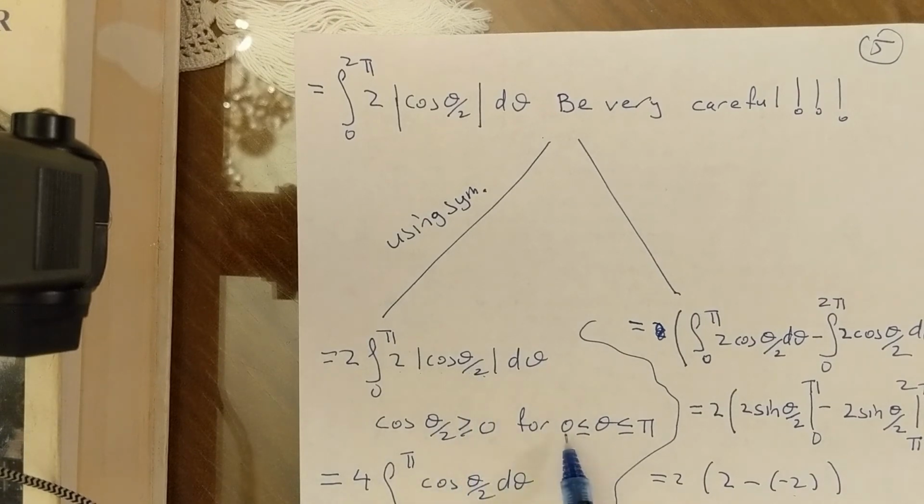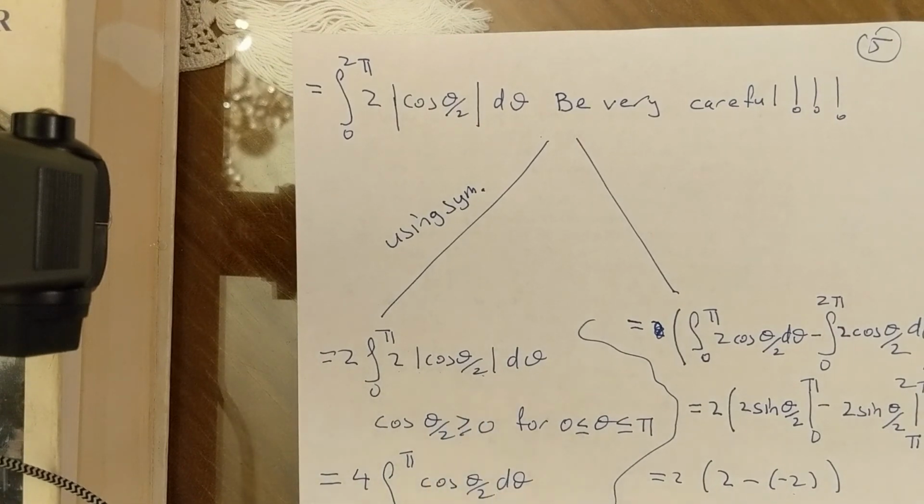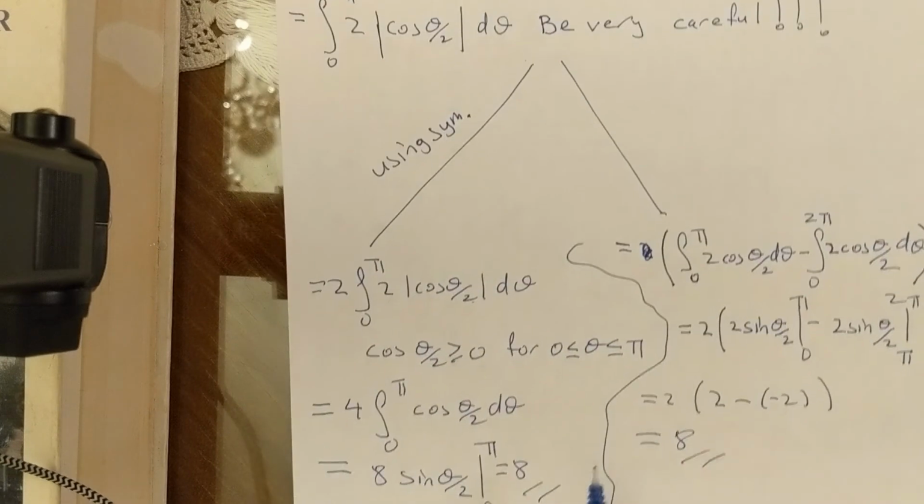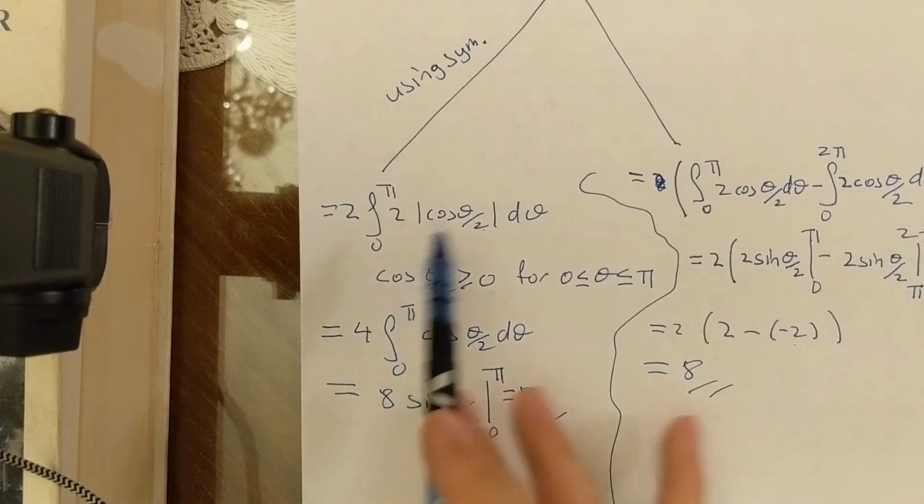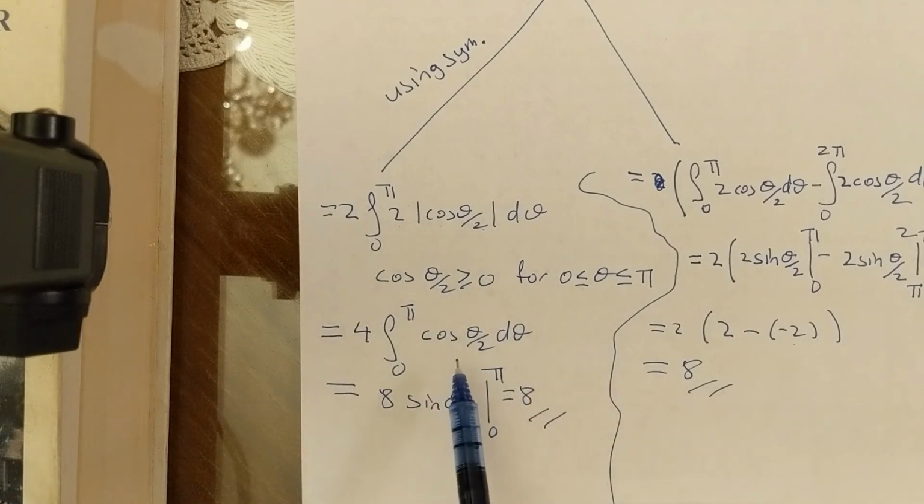So on the interval from 0 to pi, cosine theta over 2 is stuck in the first quadrant, and that's always going to be greater than or equal to 0. It takes values between 0 and 1, right? So the absolute value clears out as just itself. Now I have to integrate this.